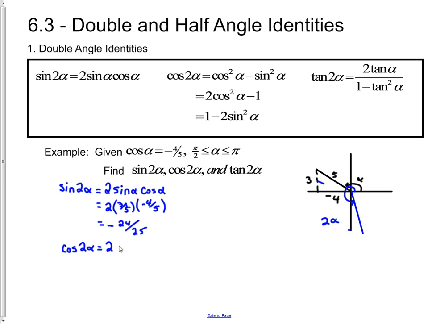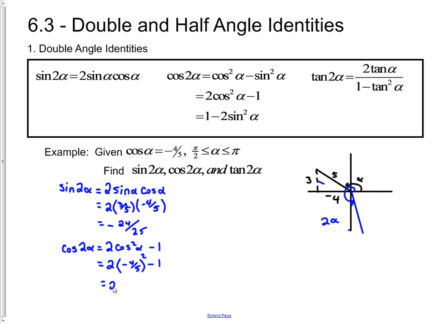So I'm going to take 2 times the square of the cosine of alpha and subtract 1 from that value, whatever it is. In this case, that turns out to be 2 times the square of negative 4/5, and then we would subtract 1 from that result. Oh, squared right here, pardon me.